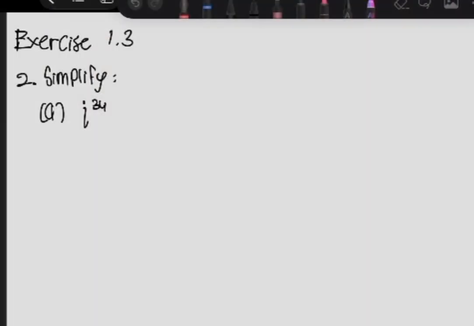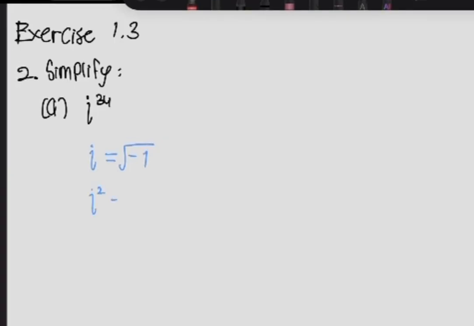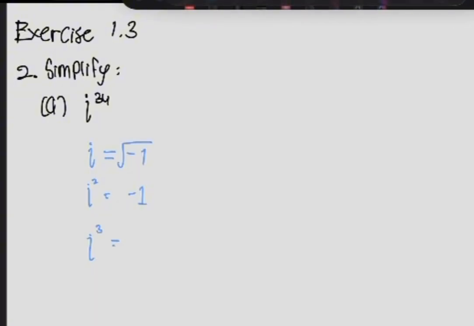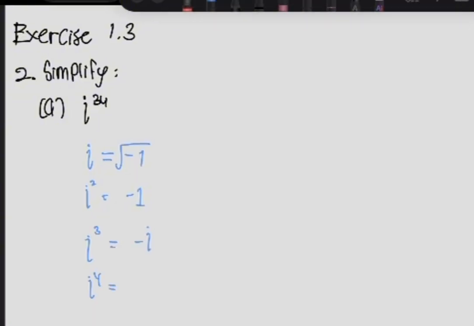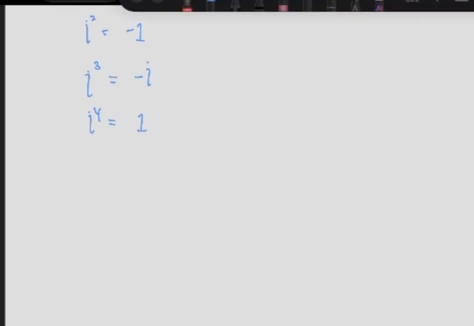Okay, so for this question we have to simplify i to the power of 34. First we have to know that i equals root -1, i squared equals -1, i to the power of 3 equals -i, and i to the power of 4 equals 1.